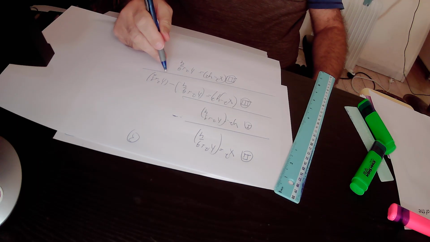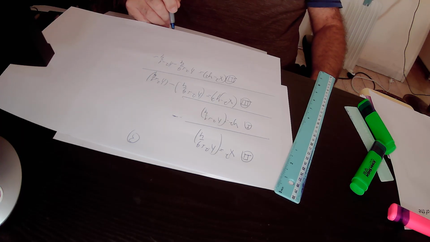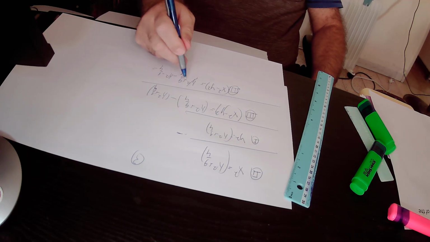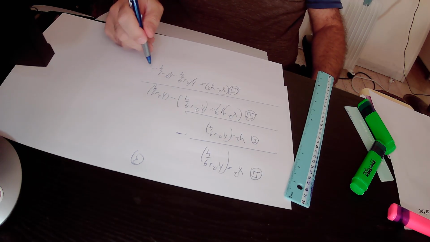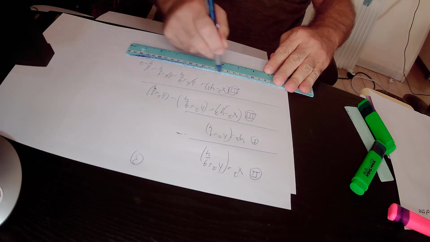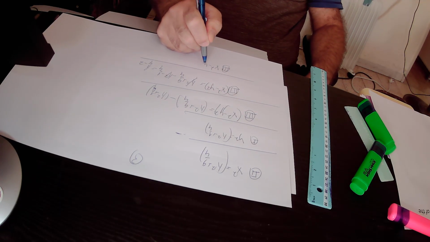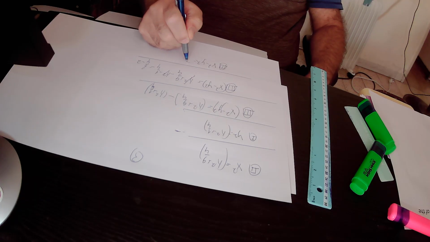Here we open the brackets and get minus h squared minus 1 quarter. So h squared minus h squared is 0, 9 quarters minus 1 quarter is 8 quarters, 8 quarters is 2. So in total, according to equation 3, we found out that x squared minus y squared equals 2.